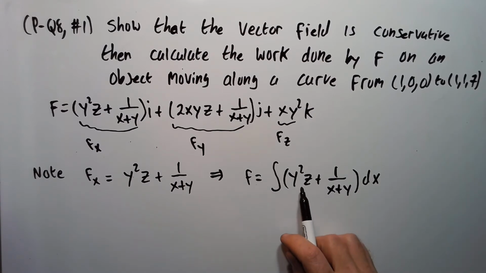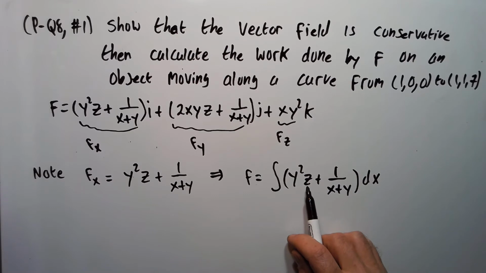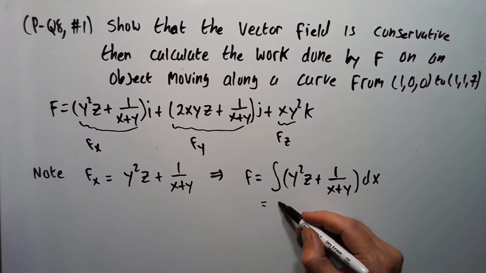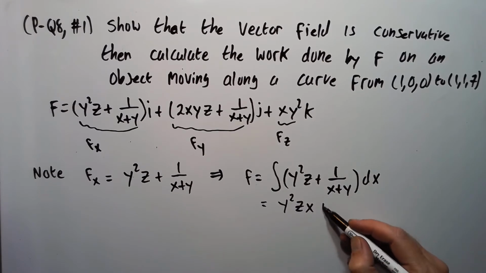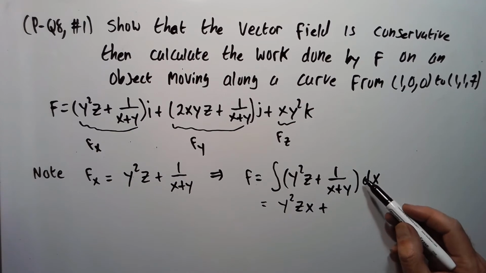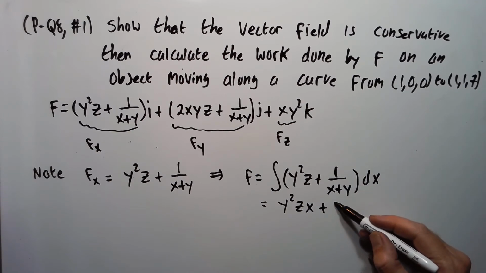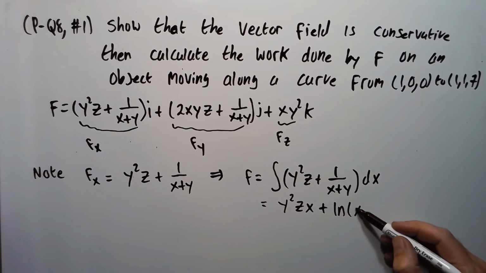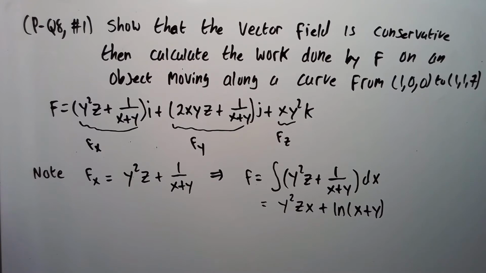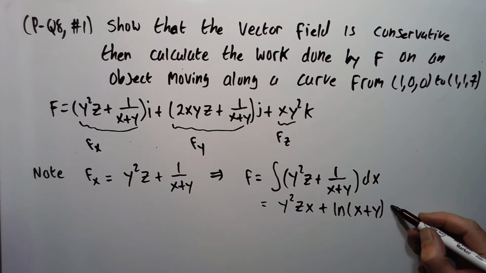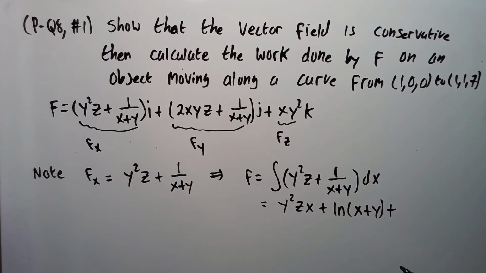Integrating y squared z, they're constants with respect to x, would be y squared zx. And integrating this, you could use substitution, but I'll let you check, it'll be ln of x plus y. Now, to be careful, it's going to be plus a constant. But here, we're thinking of y and z as constants. So the constant here would actually be a function of y and z.